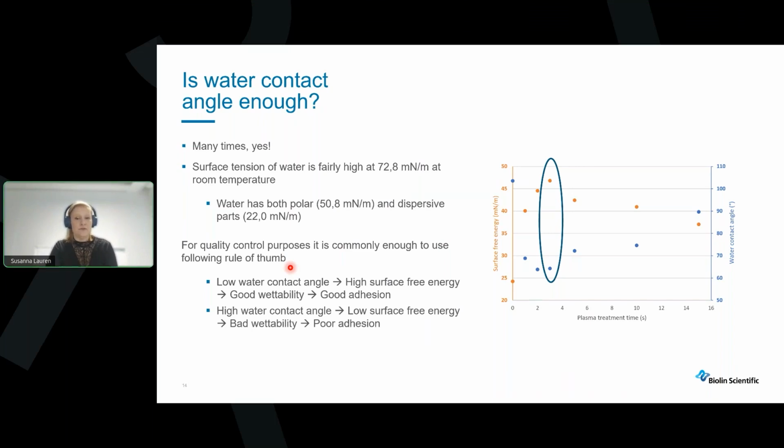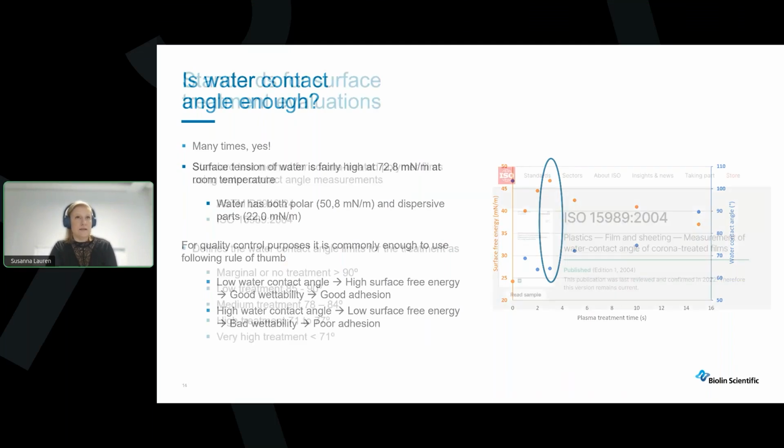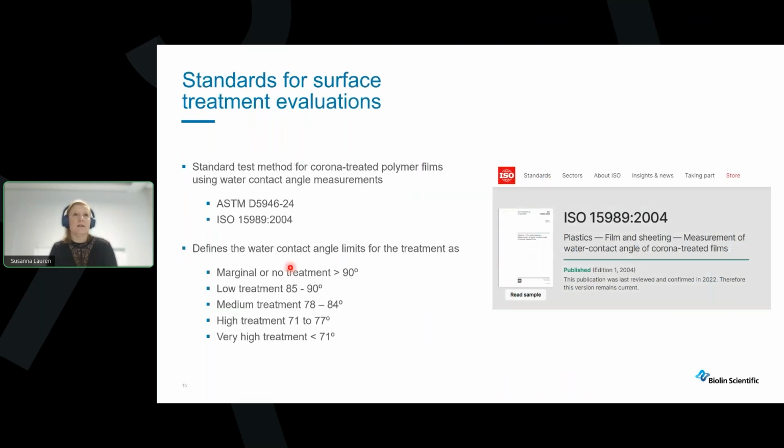There are also some standards that give instructions on measurements of water contact angle on, in this case, corona treated films, but in principle you can of course apply the same principle to other types of treatment methods as well.